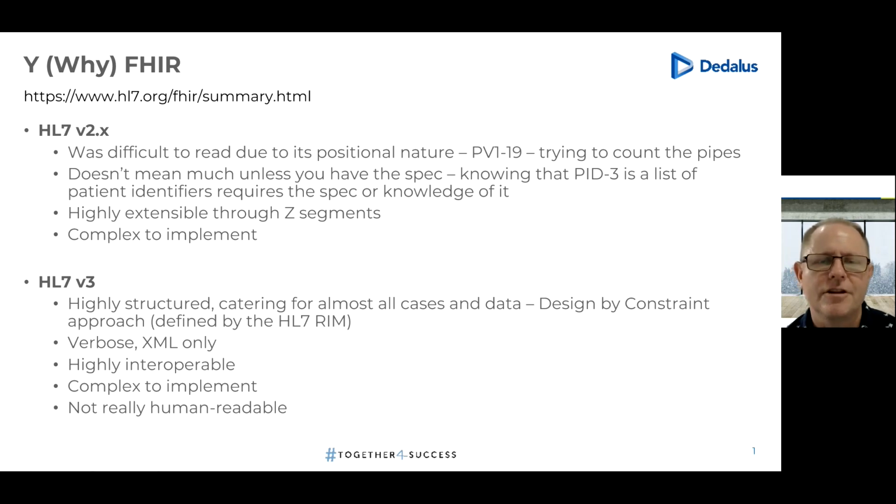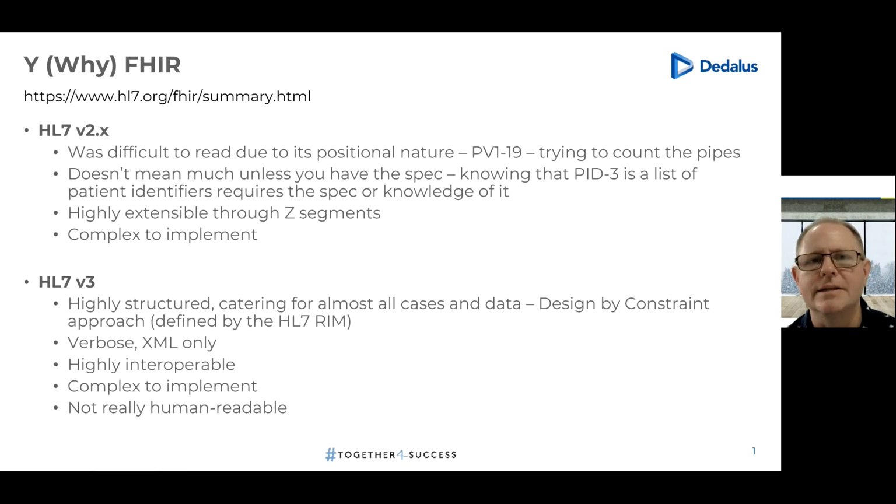So then if we flip that into version 3, the next version of HL7, it took a very different approach. It modeled a RIM or reference information model, which tried to convey everything about a healthcare context and distill it into one model.